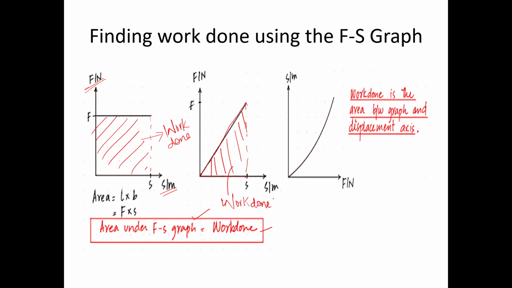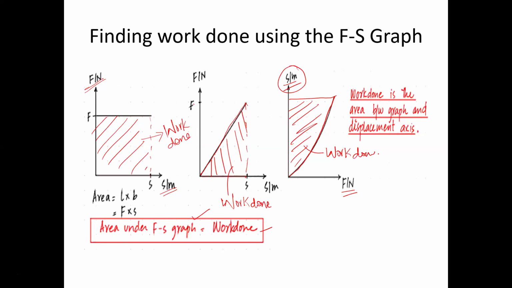And if, for example, force is now present on x-axis and displacement is on y-axis, now the area between the graph and the displacement axis, you can see displacement is on y-axis and you can witness the graph is increased this way. Now this whole area will be representing the work done.